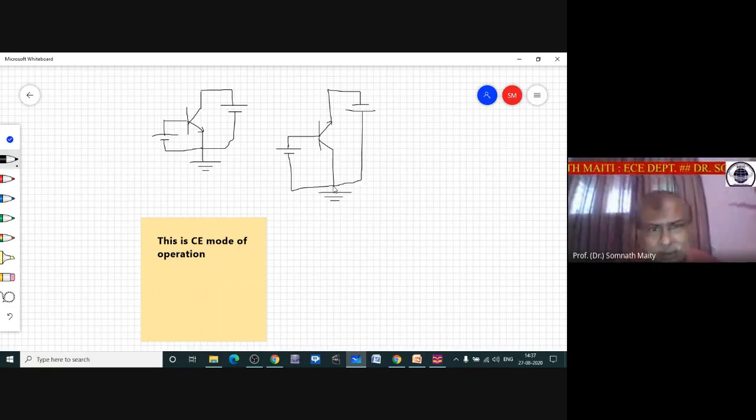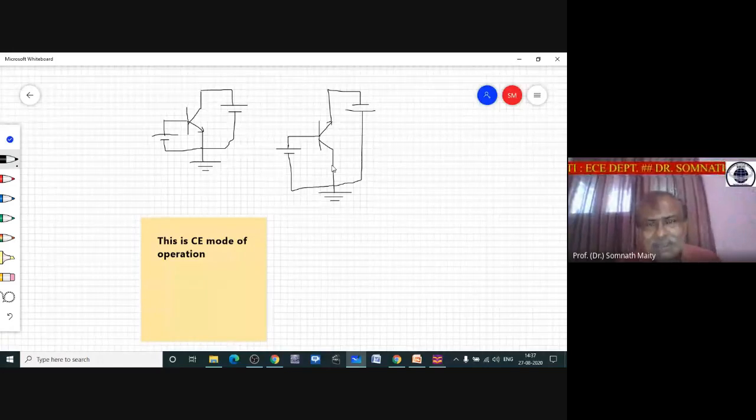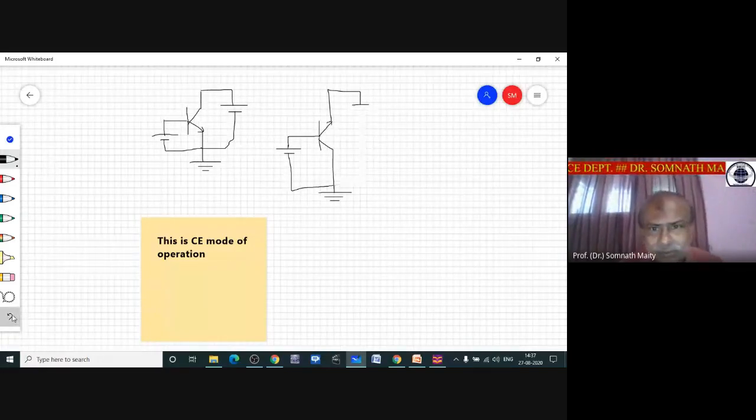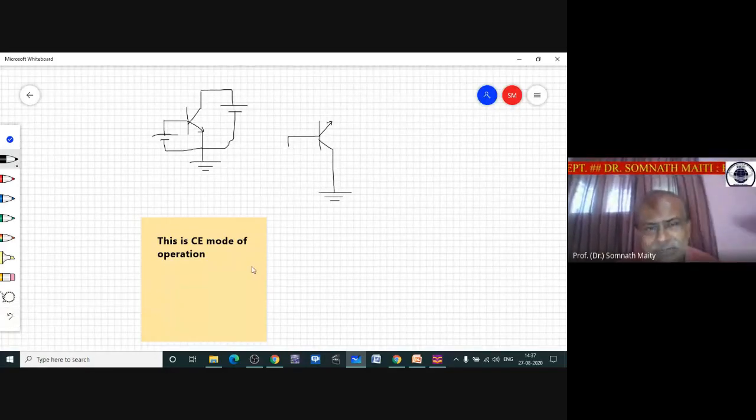Okay, sorry, I made a mistake. This collector junction should be reverse bias. So this is NP. It will be negative and this will be positive.